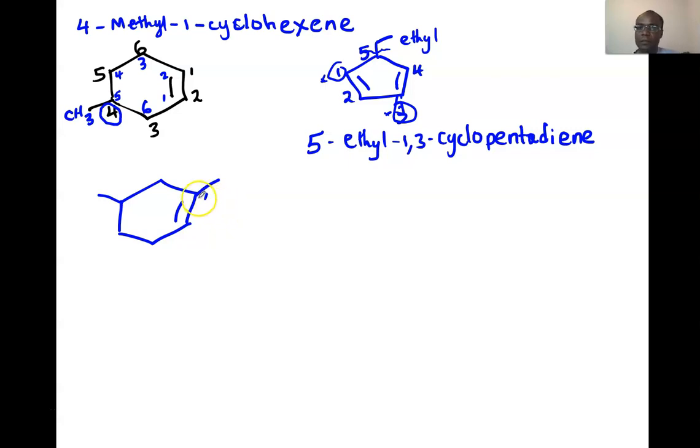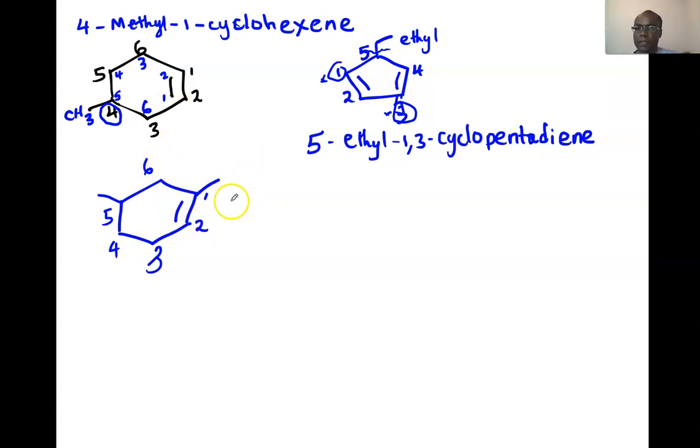Give the carbon of the double bond with the substituent priority 1. You are prioritizing the double bond over the substituents in the ring, so that will take 1. You have to go through the double bond again, 2, 3, 4, 5, 6. I insist, each time you have to go through the double bond in these rings.